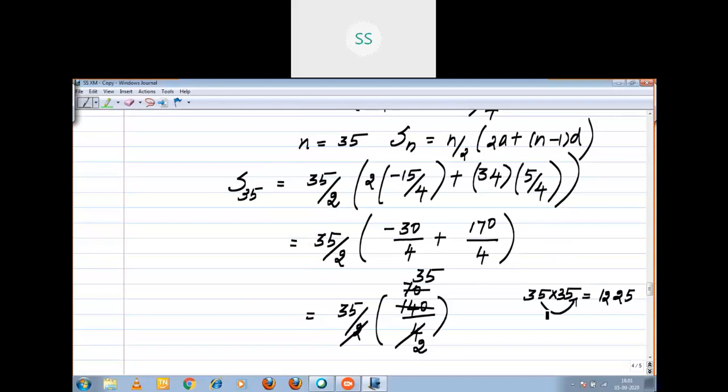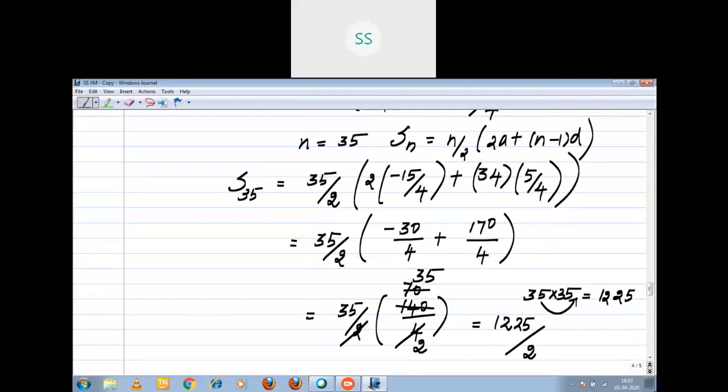Then what is the next number after 3? 4. So 3 4s are 12. Now your result is 1225 divided by 2. You don't want to convert into a fraction or decimal. Let it be as such. Got it? Say yes or no. If you want, you can convert. Otherwise, you don't want to disturb the number.